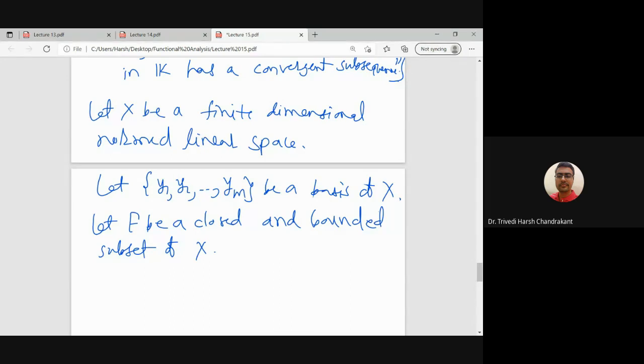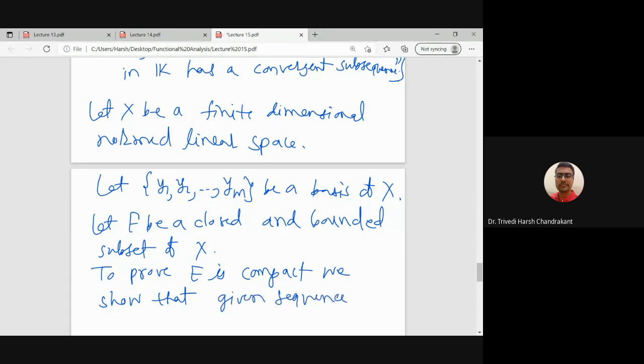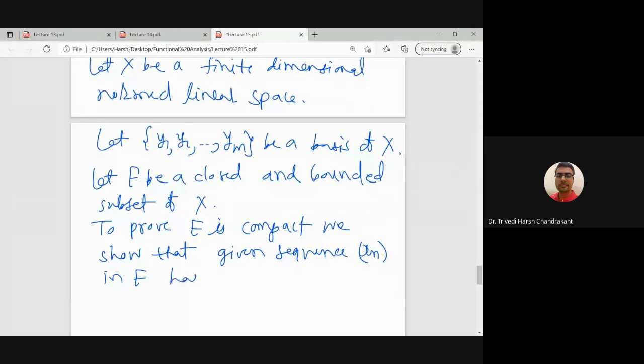So we show that a given sequence xn in E has a convergent subsequence.